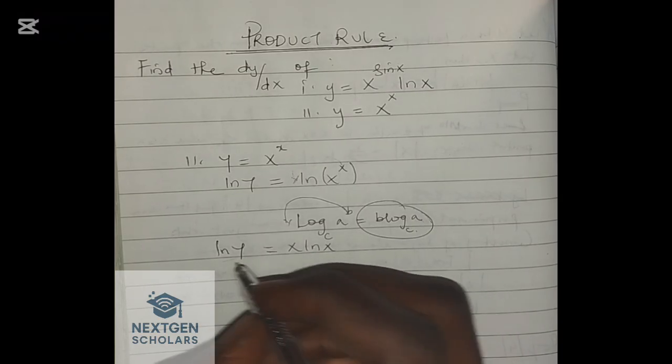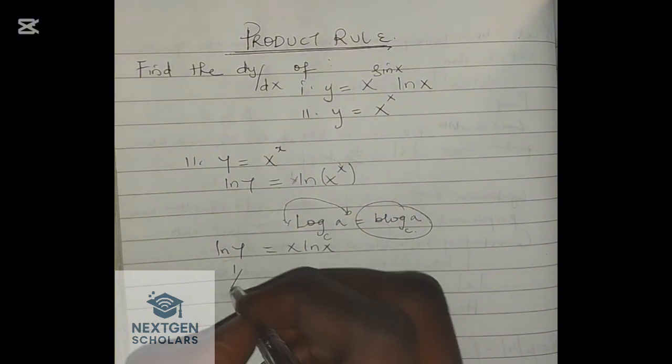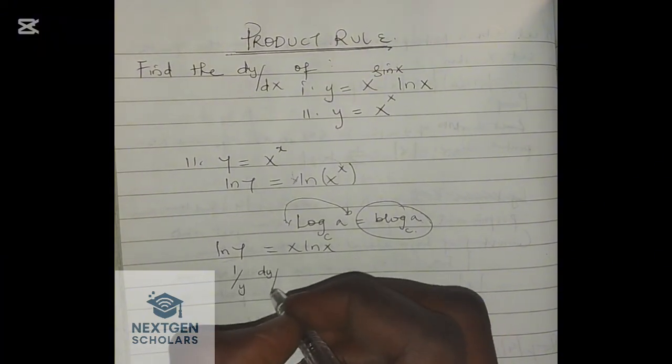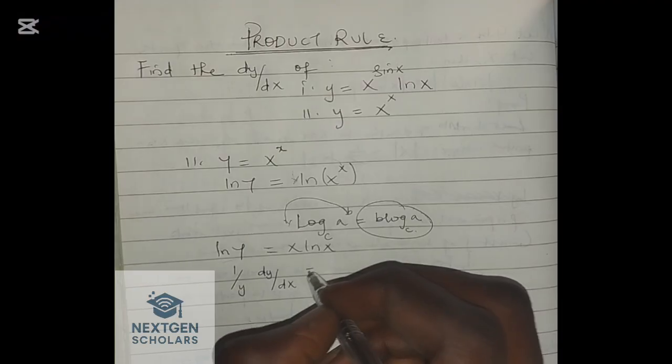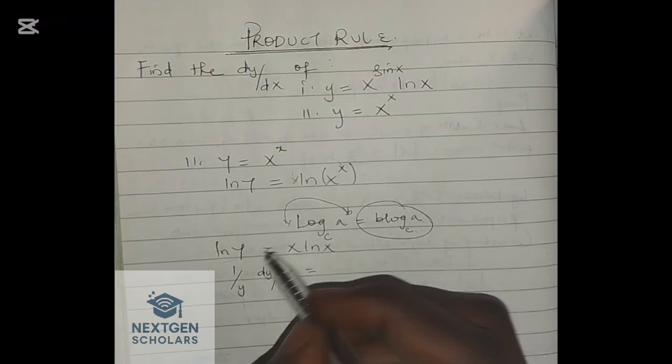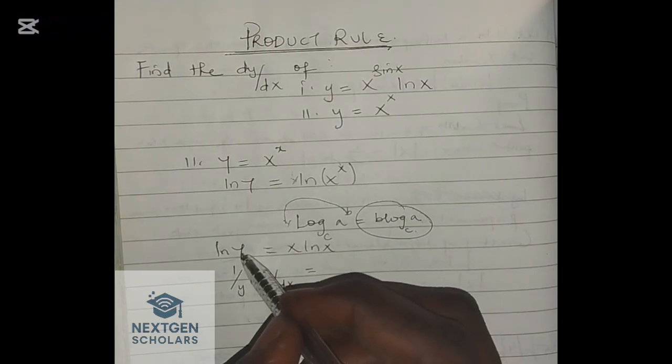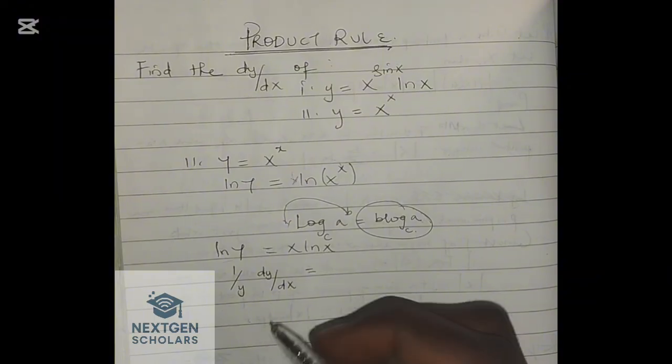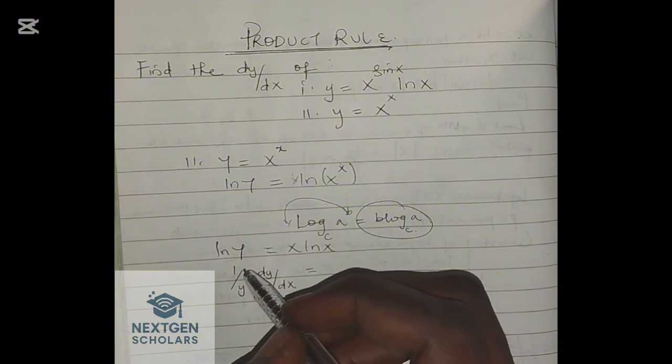So the left side becomes 1 over y times dy/dx, because what you just differentiated is y, with respect to x.